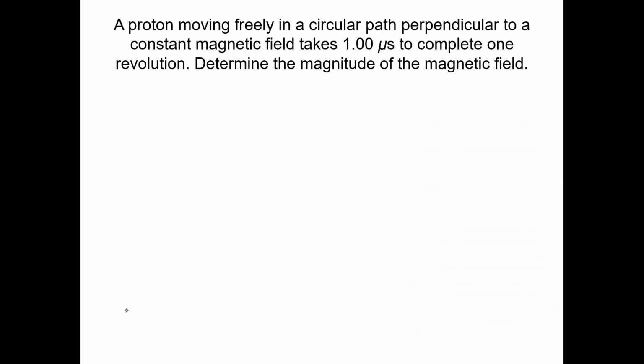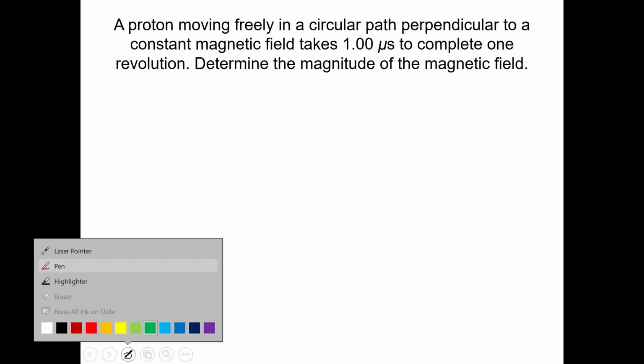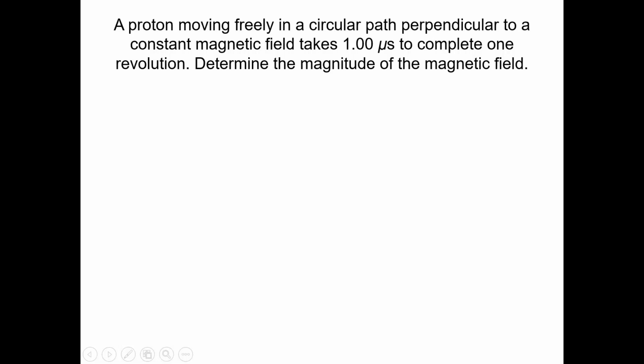In this case, the only thing we're given is the period, but we're using a proton, so we can look up the mass and the charge of the proton. The mass of the proton is 1.67 times 10 to the negative 27th kilograms.